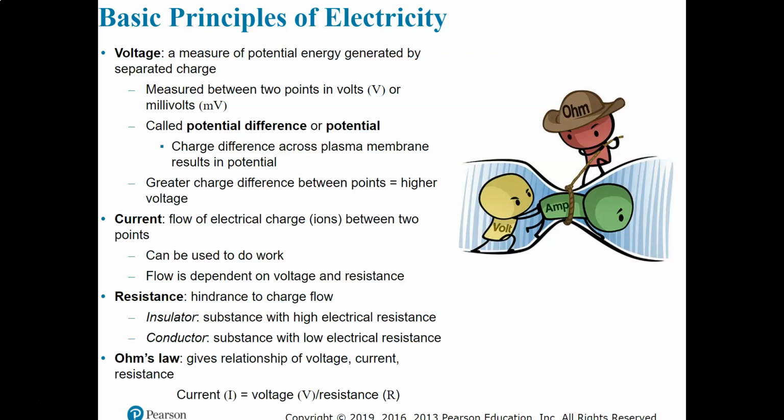So insulators have high resistance, conductors have low resistance. Ohm's law describes the relationship between these three factors: current is going to be voltage divided by resistance. So the larger your voltage and the smaller your resistance, the more current, or flow of charged particles, you're going to get.